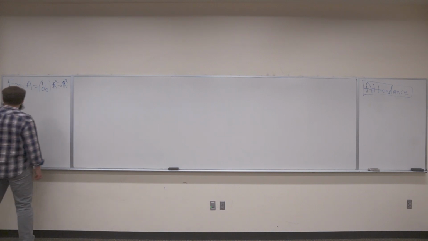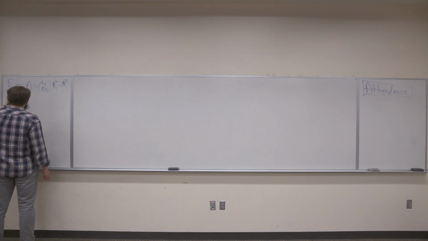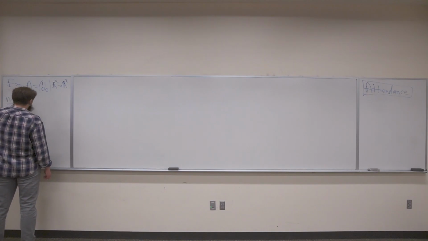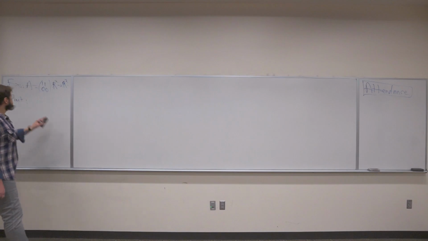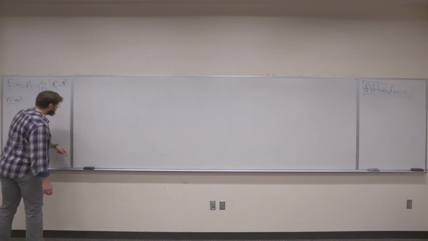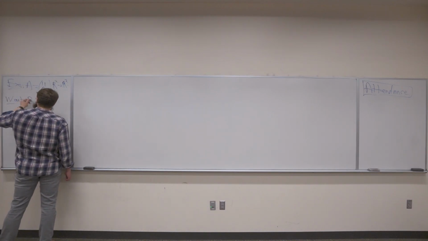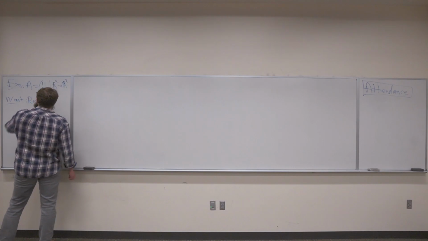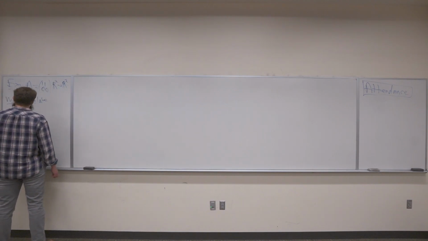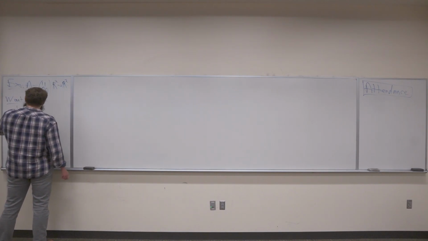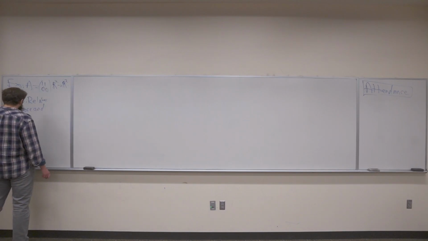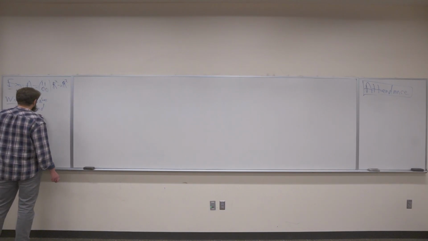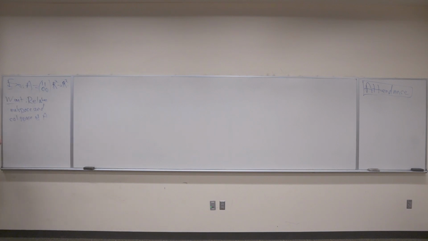What I want is this: relate the column space and null space of A to those of A transpose.